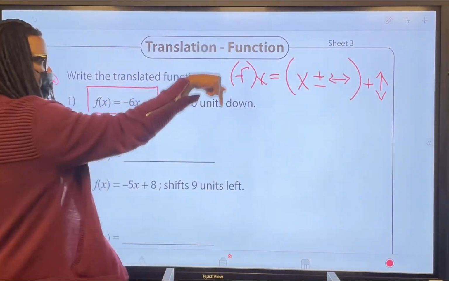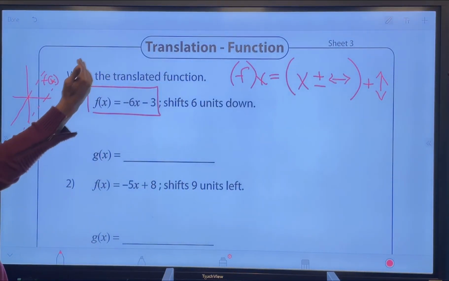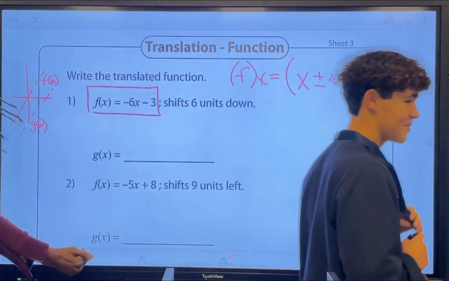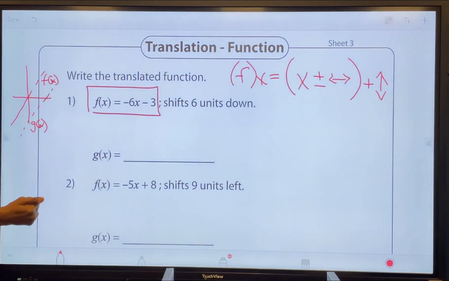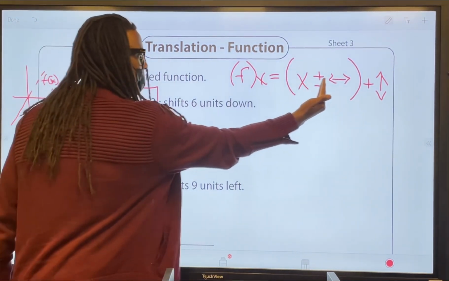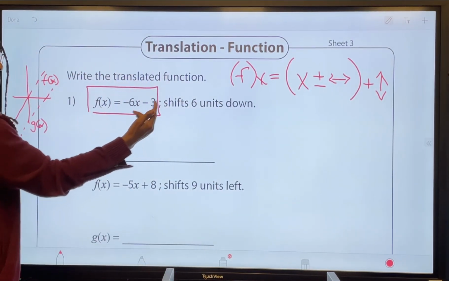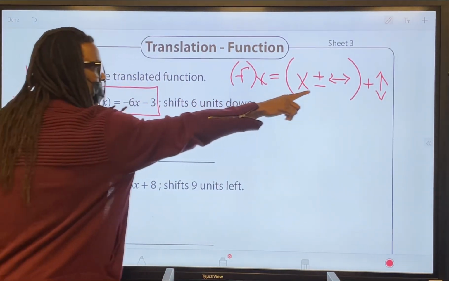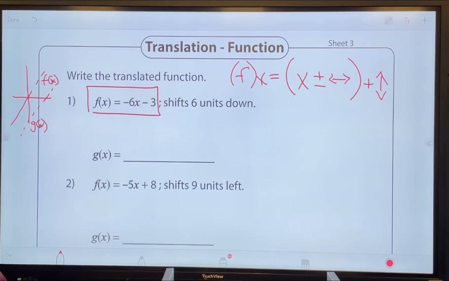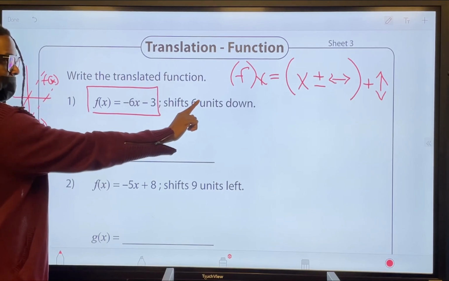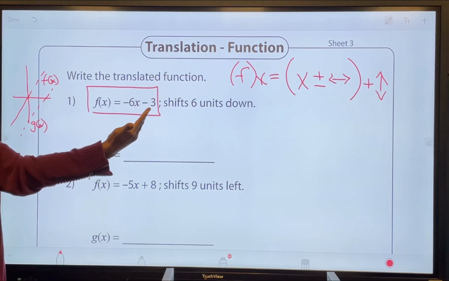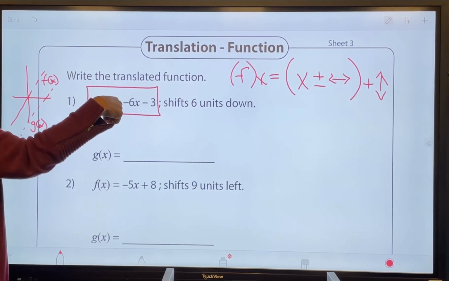So if I'm going down, am I talking x-axis or y-axis? Y-axis. So what number here is represented in the y-axis? -3. If we're shifting down and we're already at -3, what's -3 minus 6?